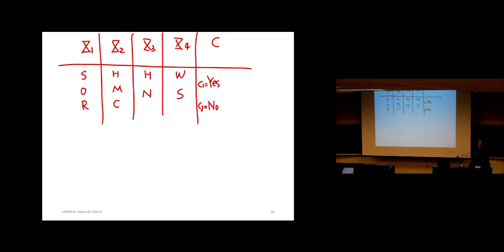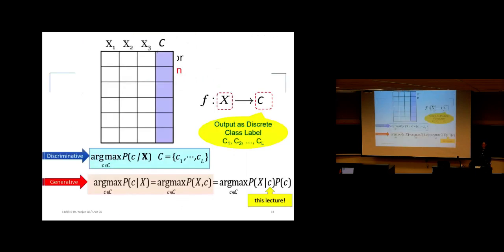Okay, so these are their possible values. Just keep this in mind. We already said I want to estimate P(x | C).